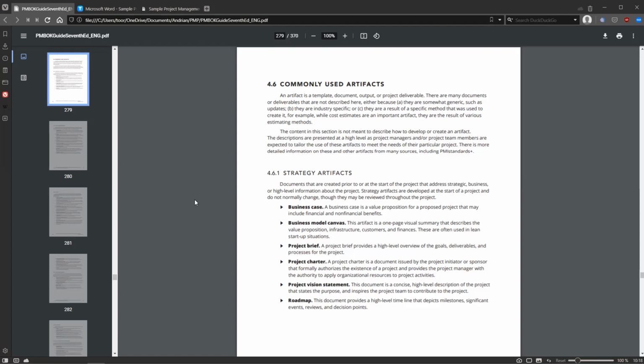So when a project starts, it starts with the so-called project charter. The project charter is basically a document that authorizes the existence of the project.